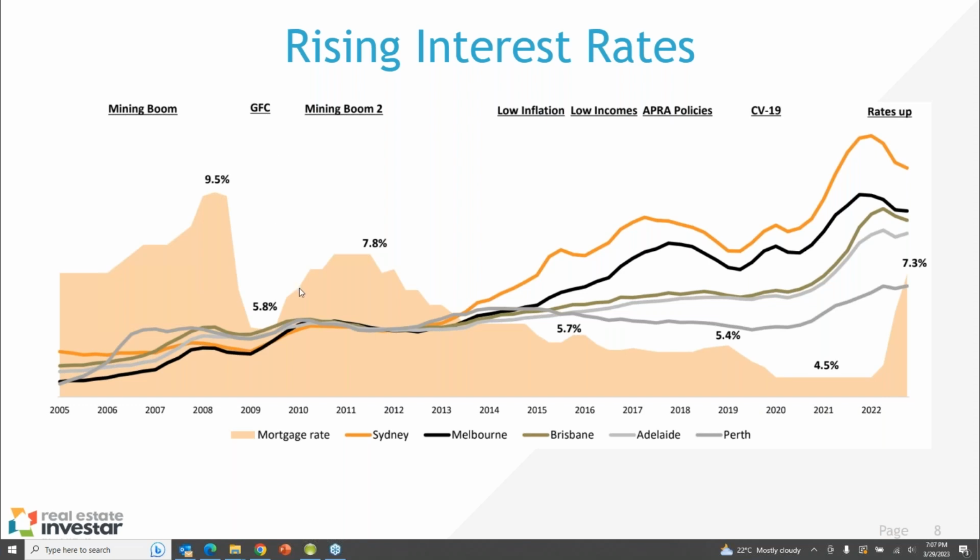We saw a lot of price points go down, but over the long term, the price point in all those capital cities around Australia has been very, very strong, averaging around 5 to 7% capital growth for the average house in the average suburb in those capital cities. So it's the long-term growth of the property market. Even in those periods where we've had higher interest rates or financial challenges, the property market has still performed very well when you look at the long-term average.